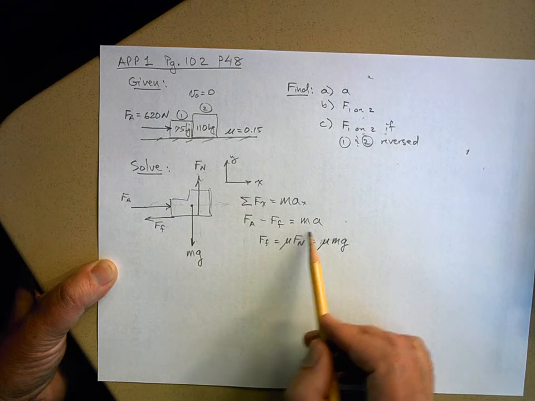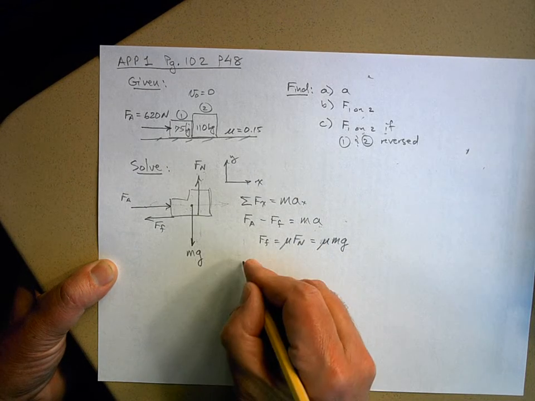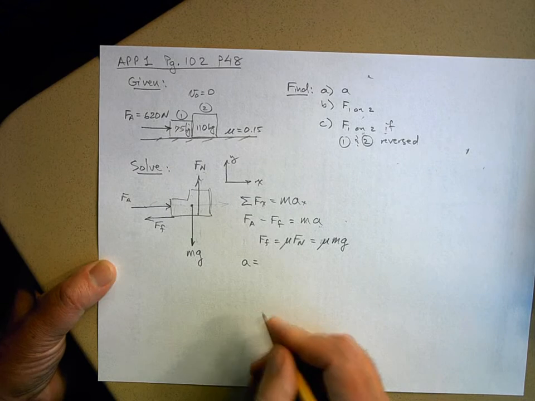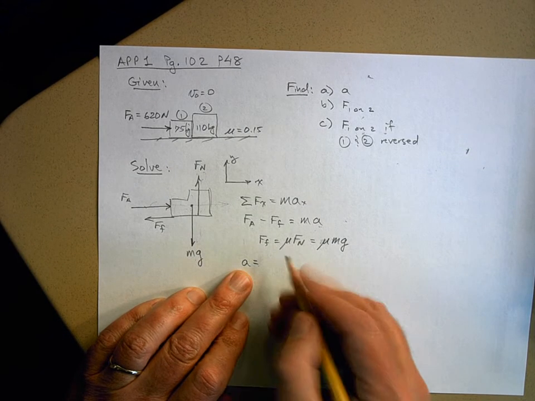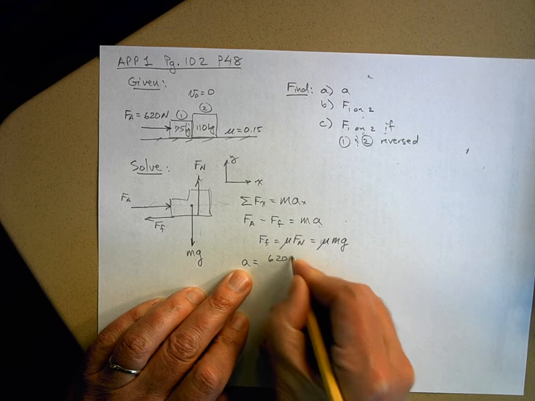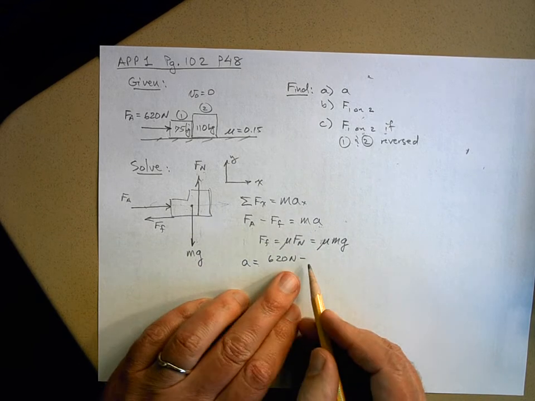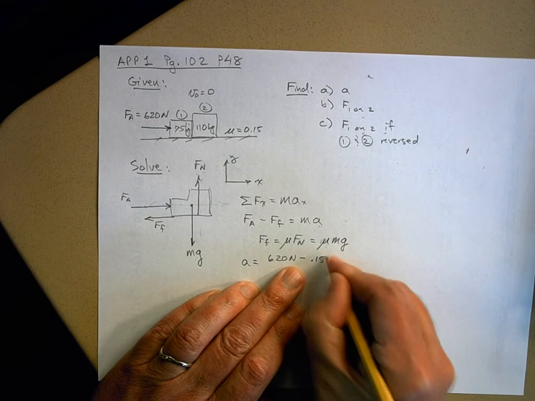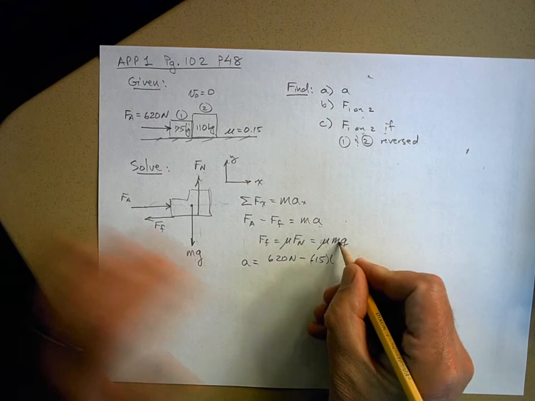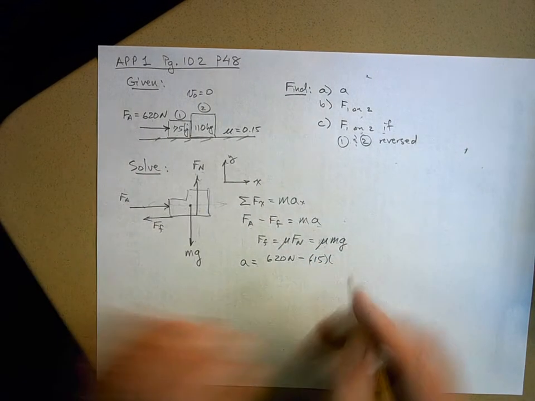So now I can take this and solve for a. The acceleration is equal to the applied force, which is 620 newtons, minus the force of friction, which is mu m g, 0.15, and then the combined mass is 185 kilograms.